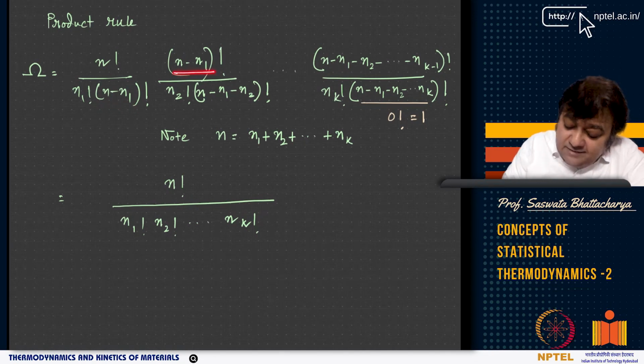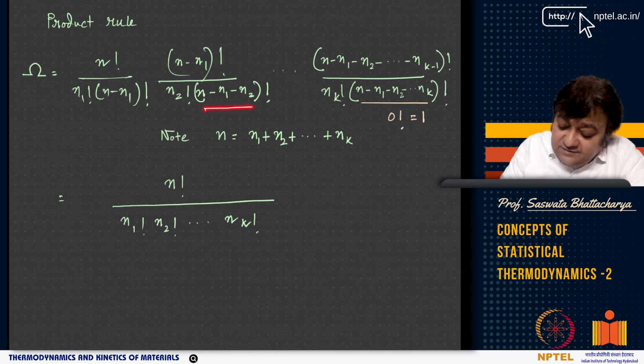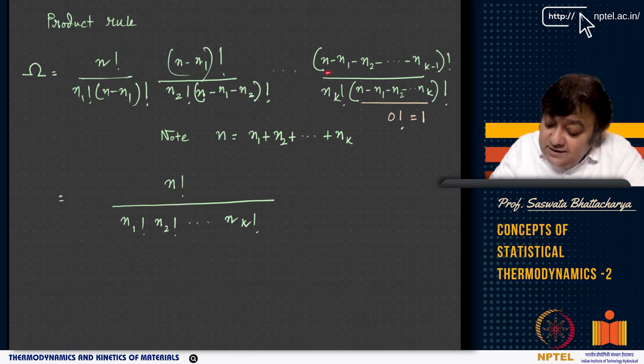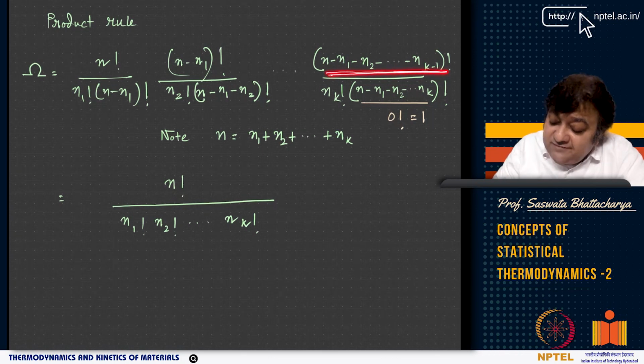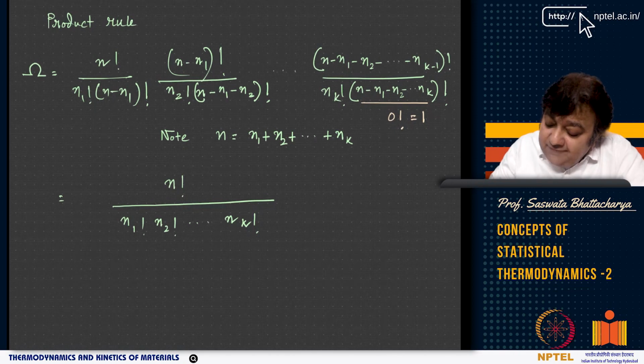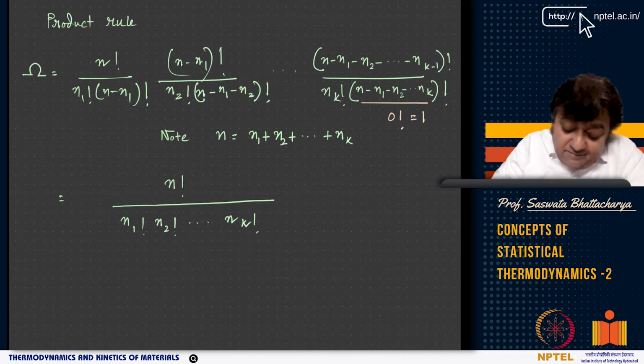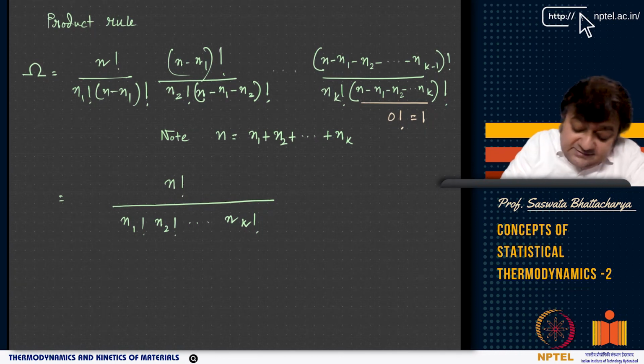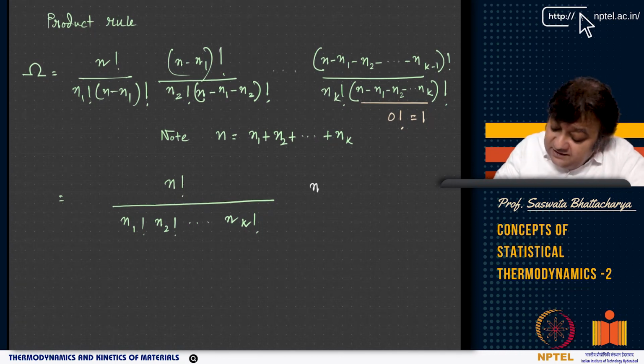Again, here there is an (n minus n1) factorial, and here it is n2 factorial and (n minus n1 minus n2) factorial. Similarly, here you have (n minus n1 up to n(k minus 1)) factorial, and then n minus n1 minus n2 minus up to nk. Remember that n itself is equal to n1 plus n2 up to nk, the sum.